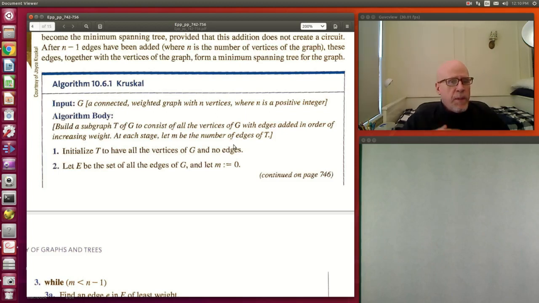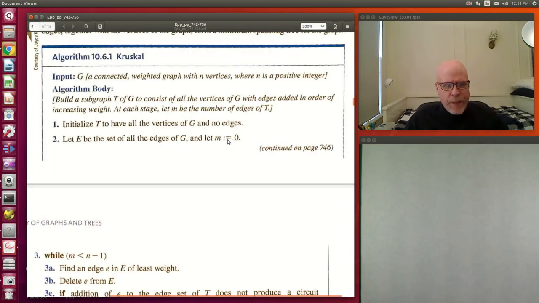I usually think of this differently: you're adding in the edges, and you're also adding in the endpoints of those edges. But it's fine to do it this way. You just think about all of T's vertices being in there. The graph is completely disconnected, since it has no edges. Let E be the set of all the edges of G, and let M equal 0, just initializing things.